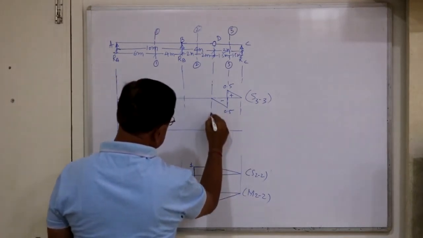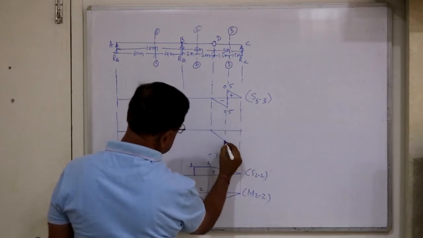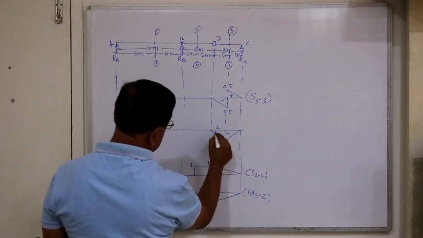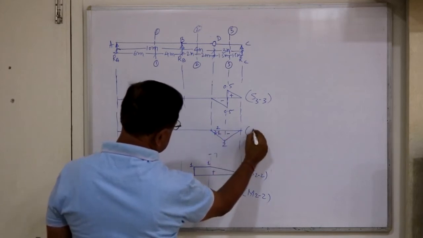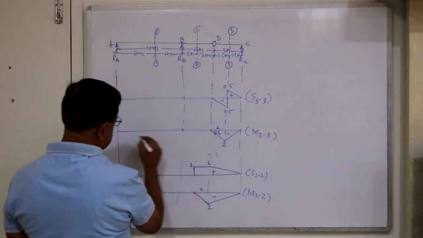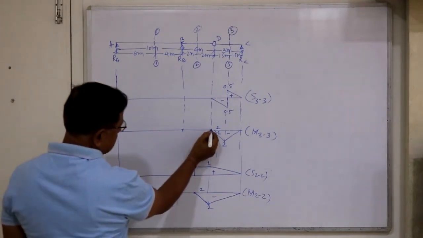And for moment, again, what will be the diagram? Only this much. So this is minus, this is 2, height is 2, this is 1. This is 3, 3. Because we need deflection here 0, deflection here 0, and the internal hinge is there.